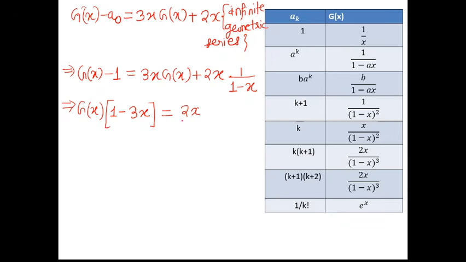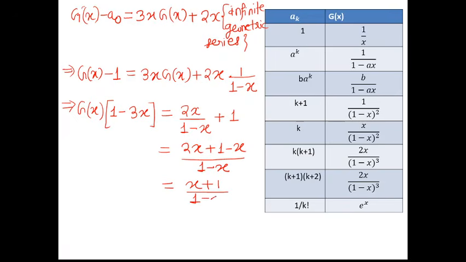So we have 2x upon 1 minus x plus 1. Now simplifying this right hand side expression, it will be 2x plus 1 minus x upon 1 minus x. So we have x plus 1 upon 1 minus x.